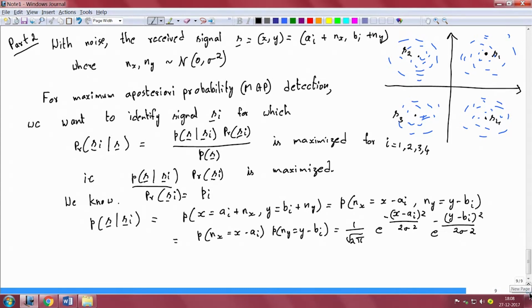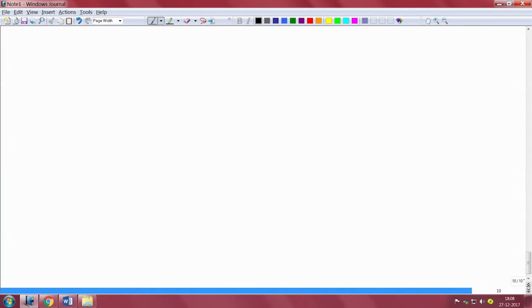So, now consider the decision boundary between two signals, or let us say the decision region.